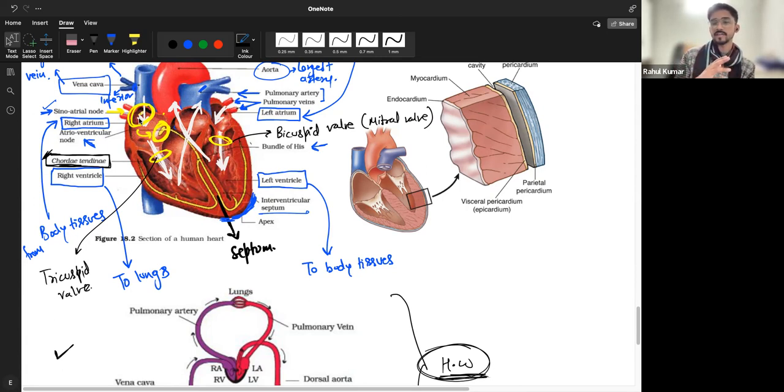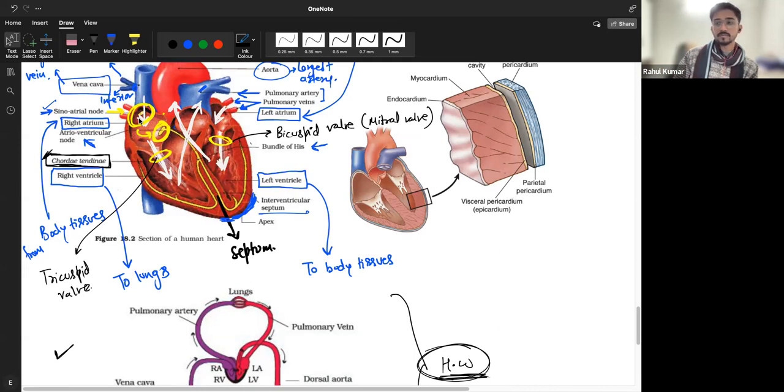Now, the SA node's functionality can be modulated. When you are doing exercise, it beats faster, so it produces more impulses. When you are sleeping, it goes low. So that can be modulated. But normally when you are awake and sitting, it should be around 0.8 seconds per beat.